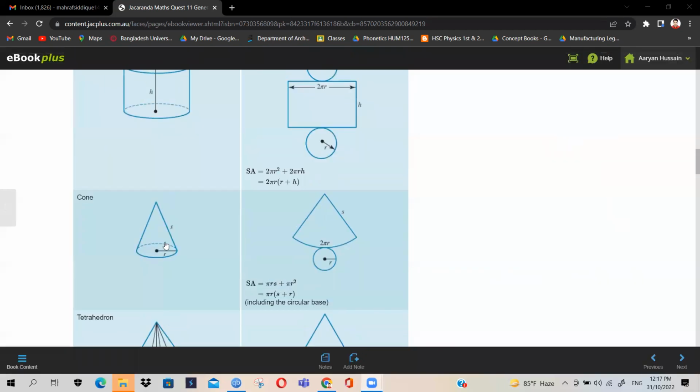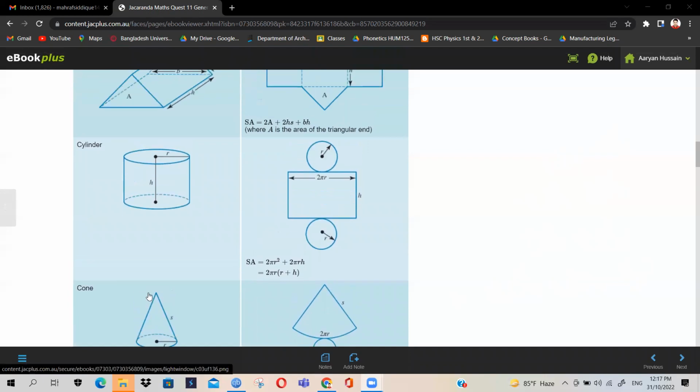And for a cone, what would be the surface area? First of all, we have pi r squared, and in case of this surface, how can I explain it to you? Let me see how they have explained it.